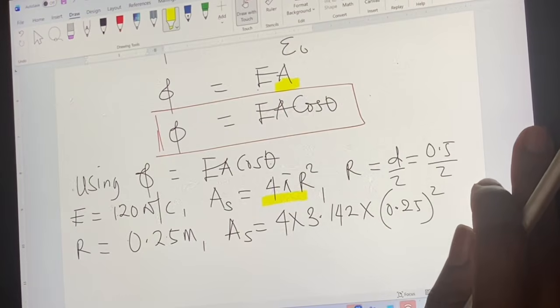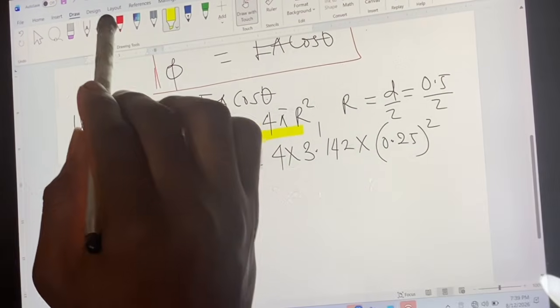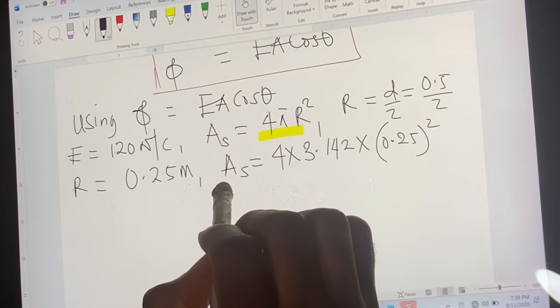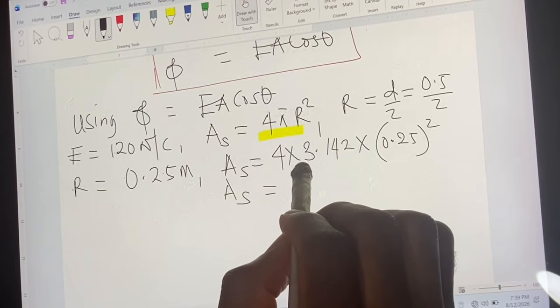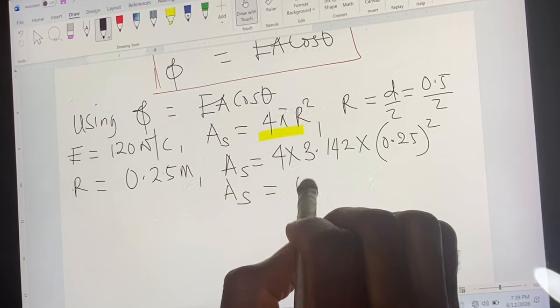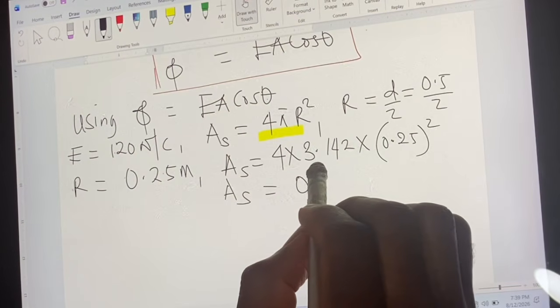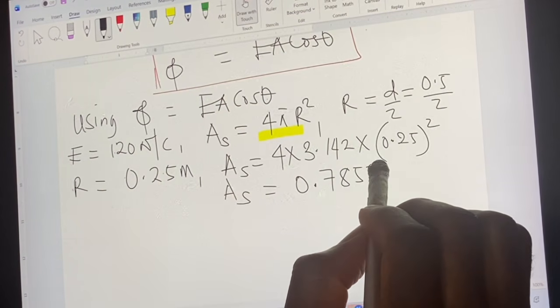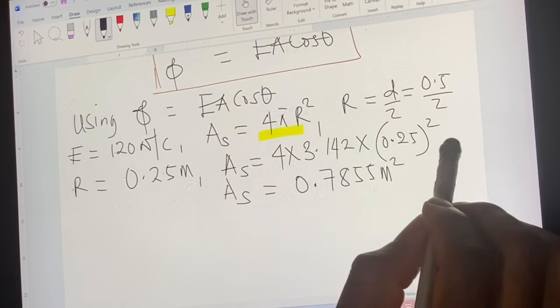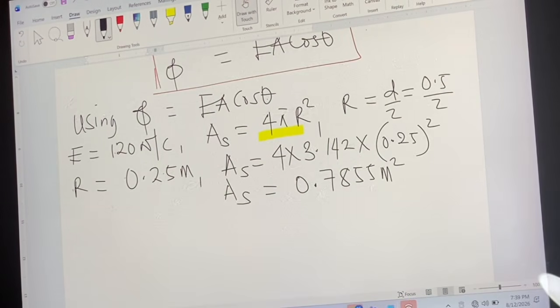Please don't forget, when you use your calculator to find the total area here, we have 0.7855 meters squared.